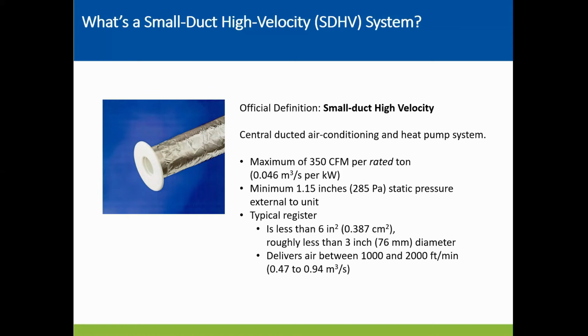There's a range depending on manufacturer, make, model, and so on and so forth. That will vary between 280 and maybe 320. Also, you have to have at least 1.15 inches of static pressure external to the unit. That's a higher pressure than a normal furnace blower. The registers are quite small, less than 6 square inches typically, and delivering the high velocity, 1,000 to 2,000 feet per minute.